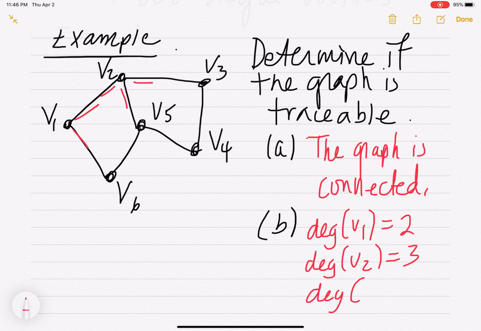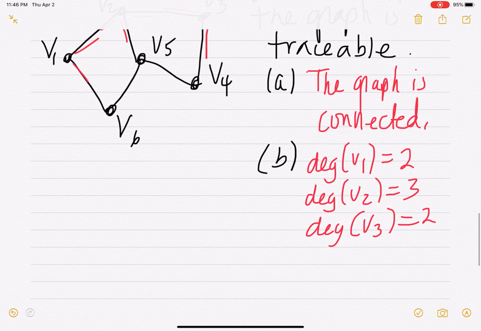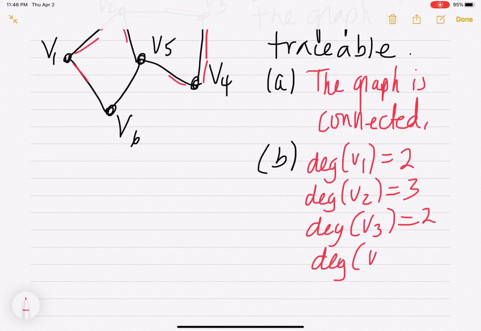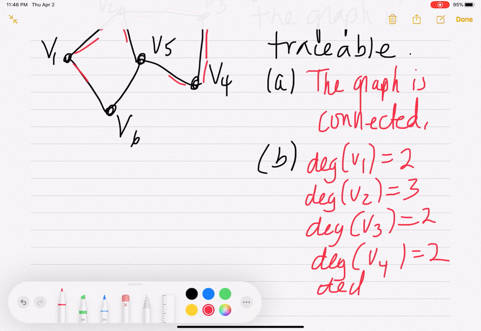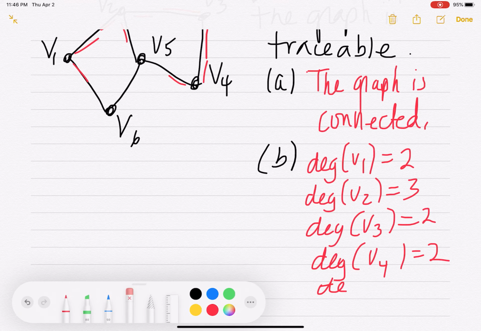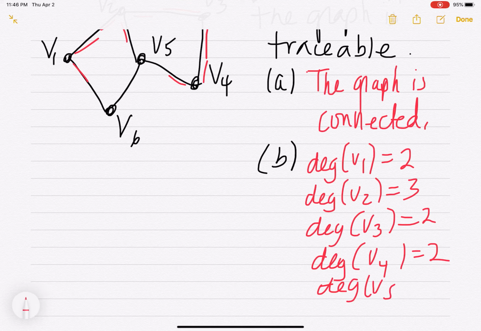What's the degree of V3? Well, V3 has 1, 2 edges. How about V4? How many edges does V4 have? 1, 2. And V5? The degree of V5 here, let's see. One, two, 3 edges coming out of V5, so that's equal to 3. And the degree of V6, you can see there are 1, 2 edges.